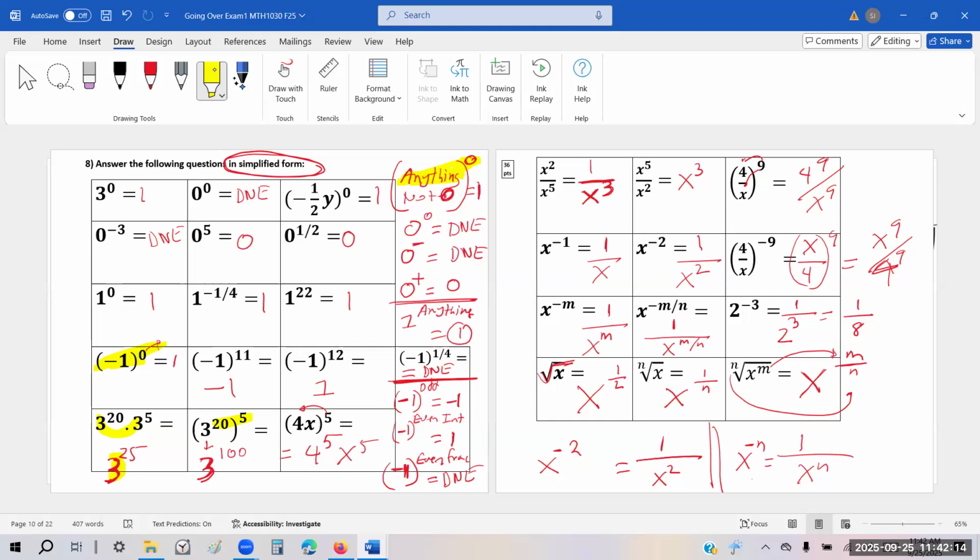60 is the passing grade in the exam. And for your passing grade for the class, you have to get 60 overall, but you have to get at least 50 in the final exam. If you don't get 50 in the final exam, it's an automatic fail.